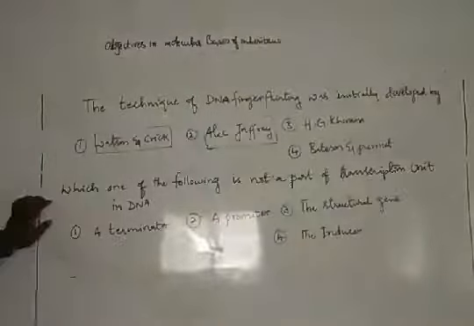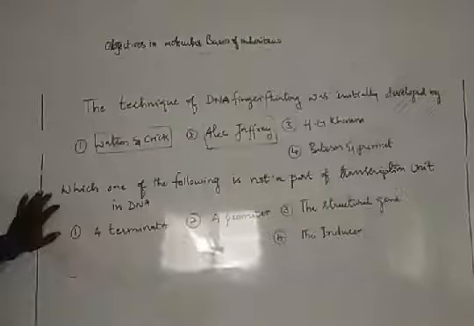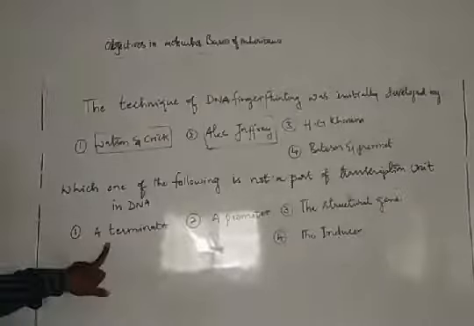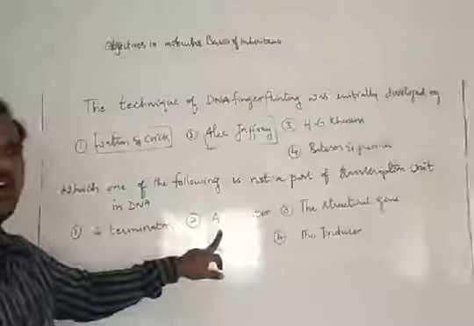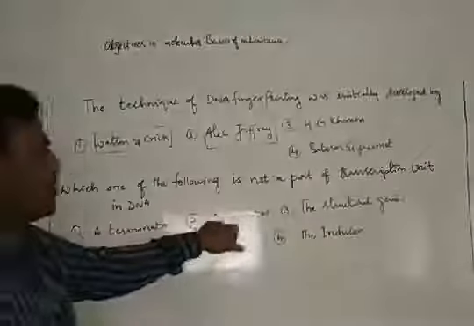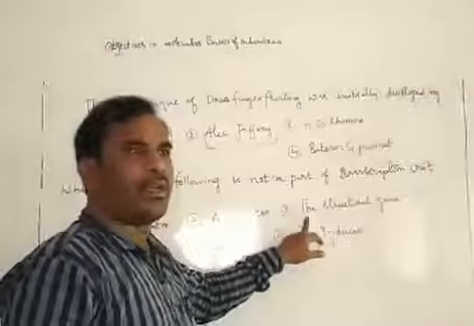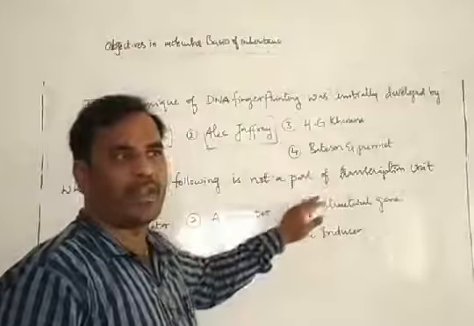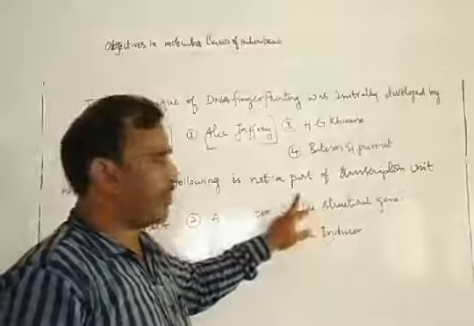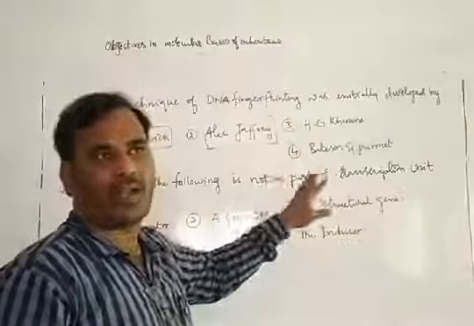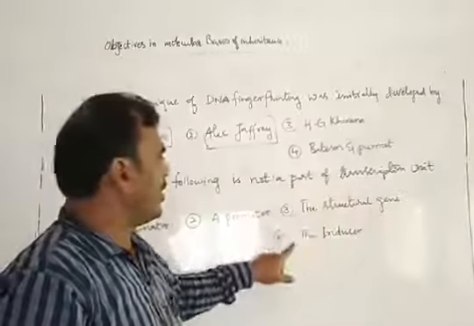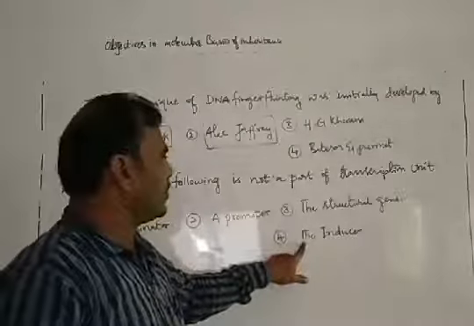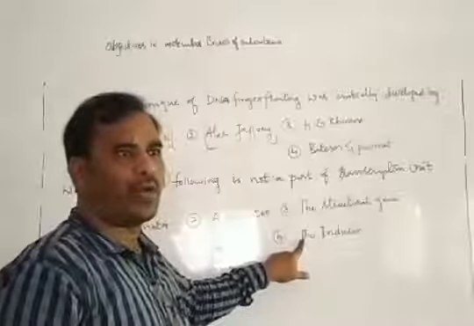So in the transcription unit in DNA, the terminator is present at the 3' end of the coding strand, a promoter is present at the 5' end of the coding strand, and the structural gene is present between the promoter and the terminator. And the inducer is present in the Lac operon or operon system.